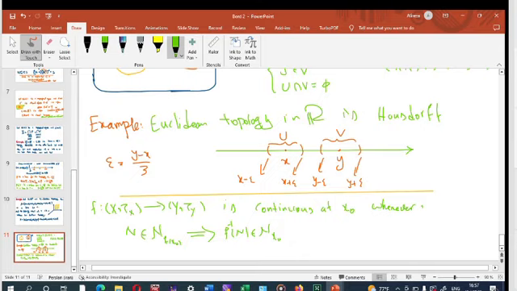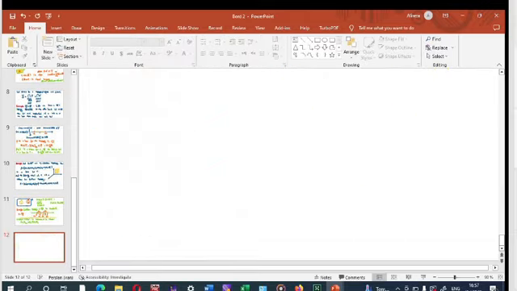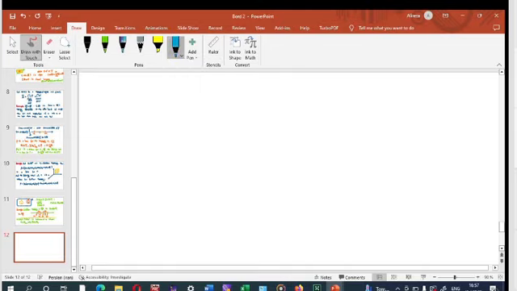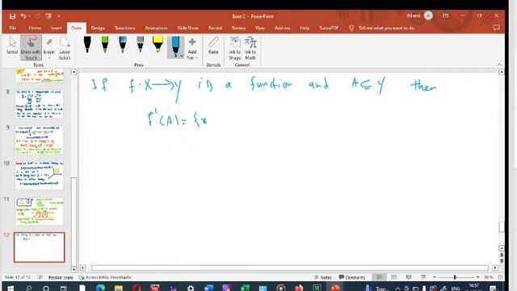And we know that if f from X to Y is a function and A, for example, is a subset of Y, then the inverse image of A under f equals the set of all x in X such that f of x belongs to A.